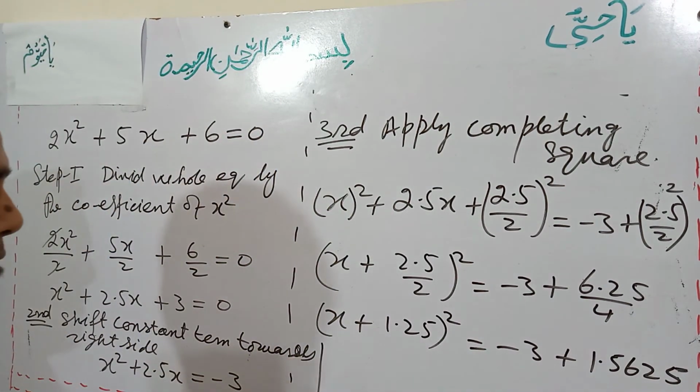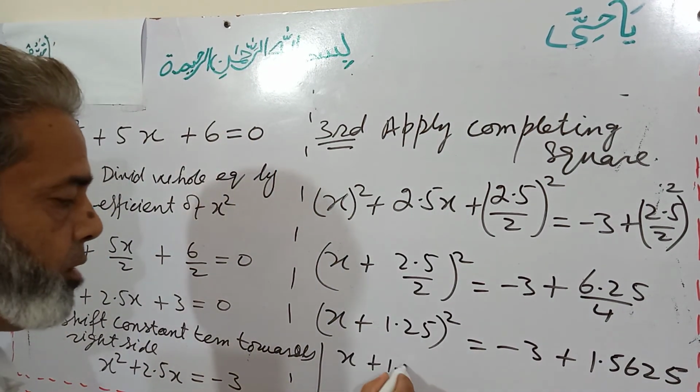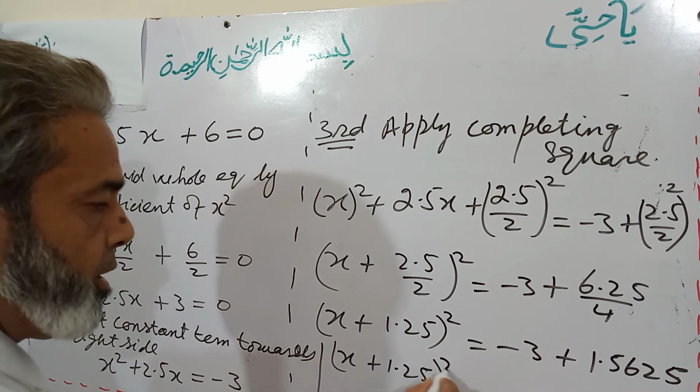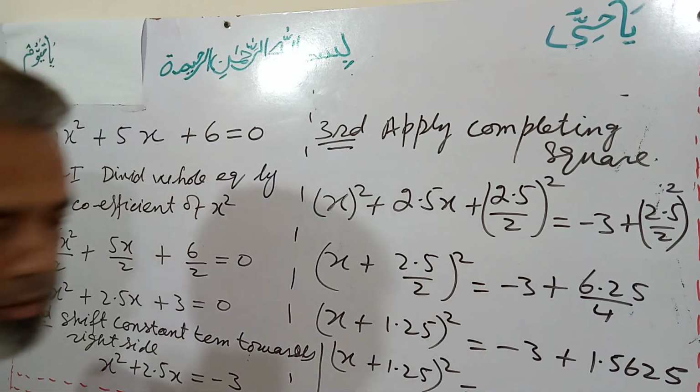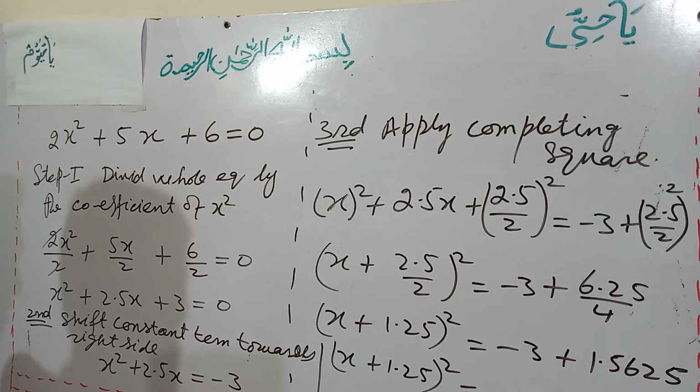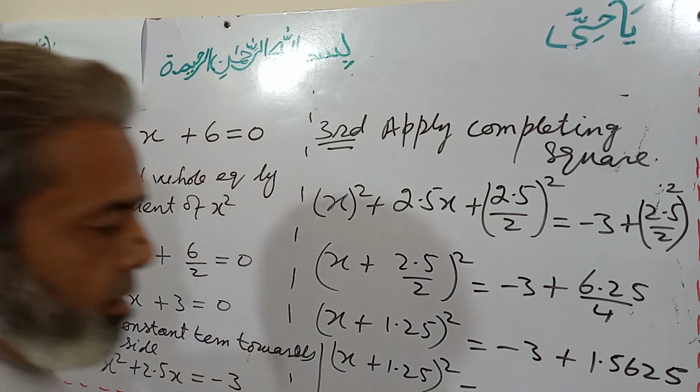So (x + 1.25)² is equal to -1.4375. Your answer is in negative form.